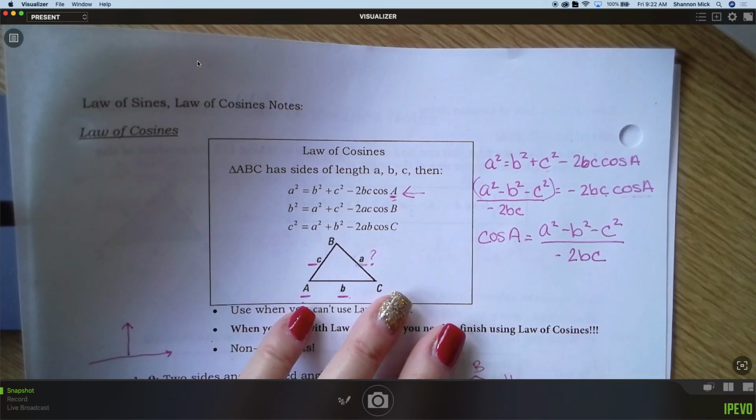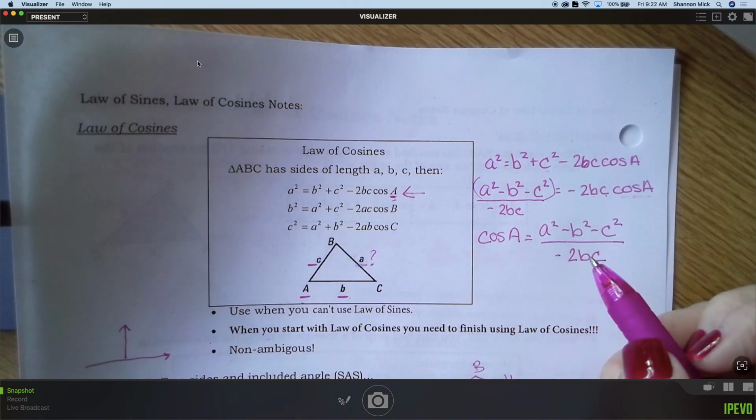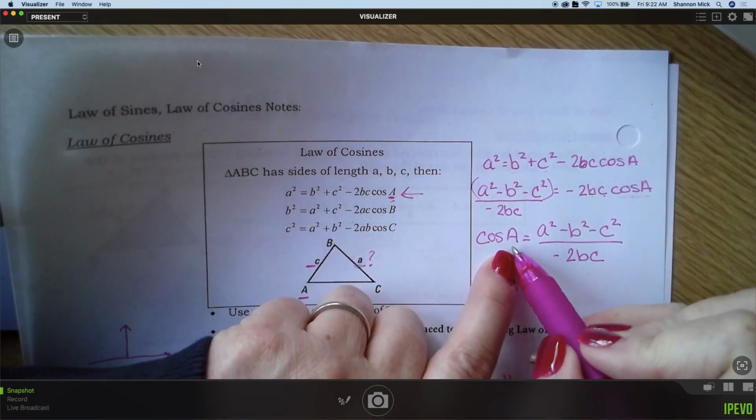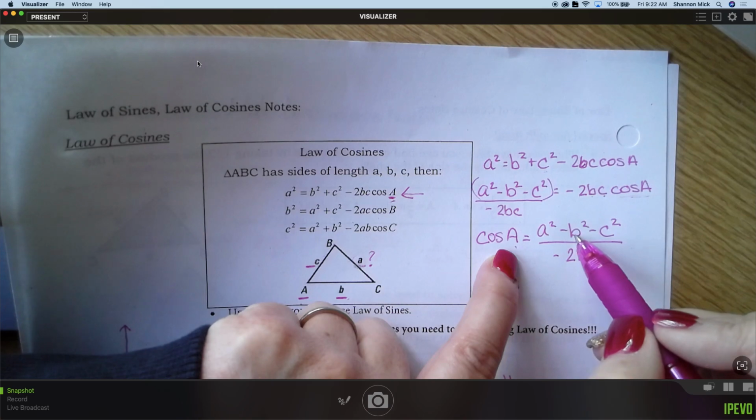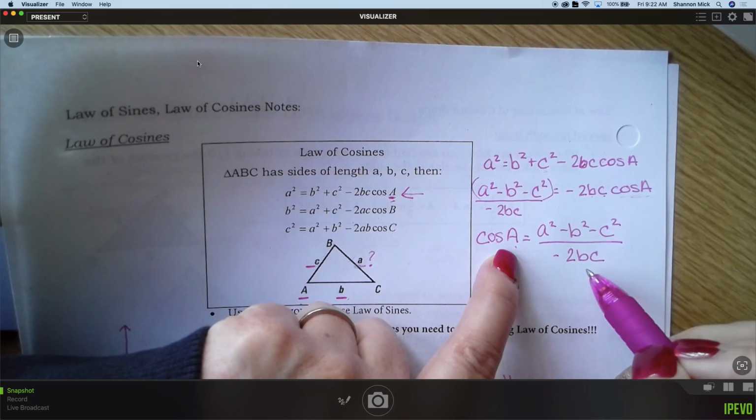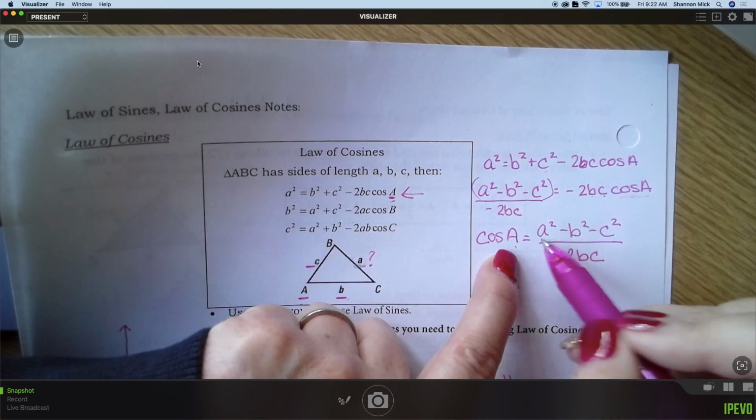Are they all going to look like that for cosine? Well, then we'll look at our relationship, okay? So if this was a B here, what would change over here? The B's would become A's, and the A would become B.